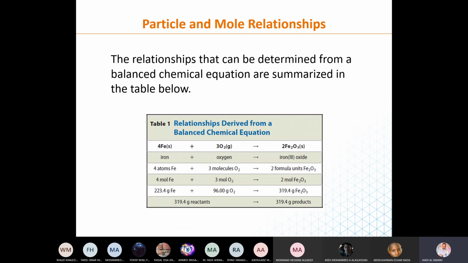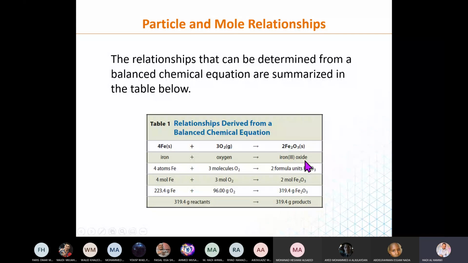First we should balance this chemical equation by adding these coefficients, 4, 3 and 2, so we can proceed. After balancing, the equation is balanced. What can I derive from this balanced chemical equation? I can first derive the word equation: iron plus oxygen gives iron 3 oxide.